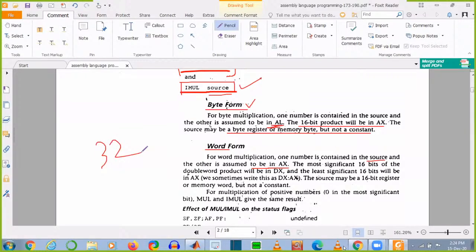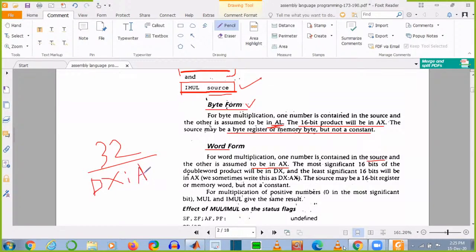We have two parameters: the multiplier and the multiplicand. The multiplicand will be in the source, and the multiplier is assumed to be in register AX. We will get a 32-bit product, with the most significant 16 bits in register DX and the least significant 16 bits in register AX.